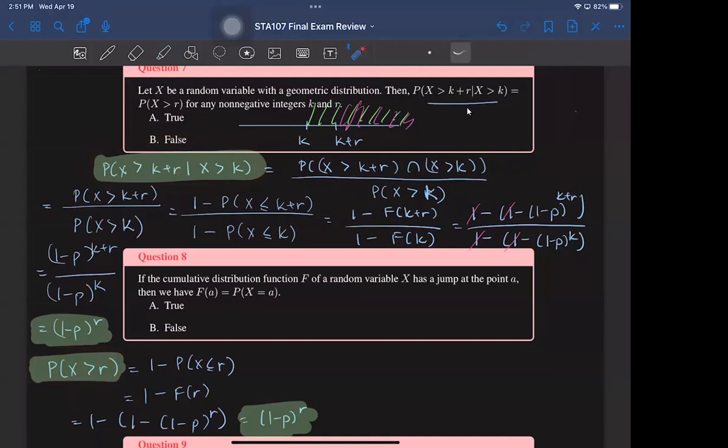Any question about this one? Does this make sense? Or is it confusing? Or do you just feel lost at some step?